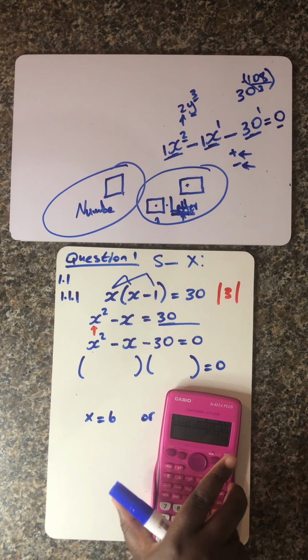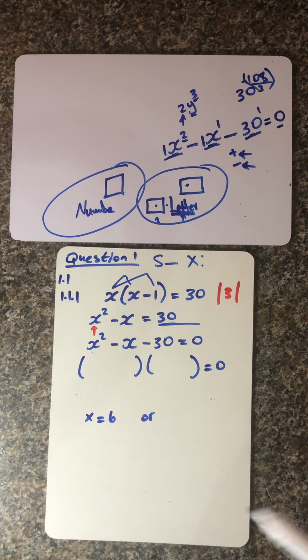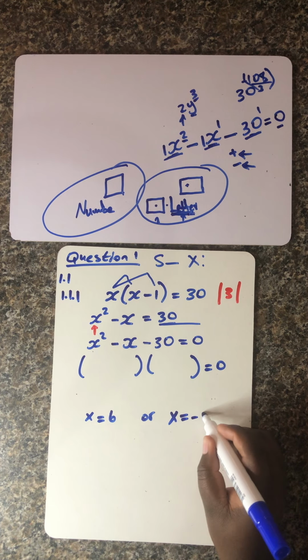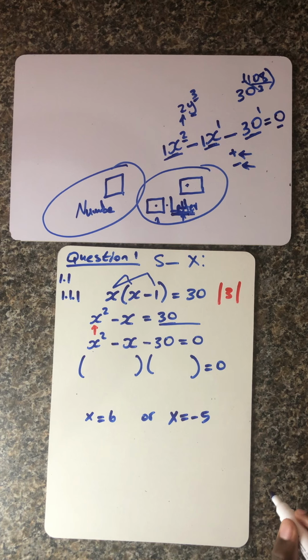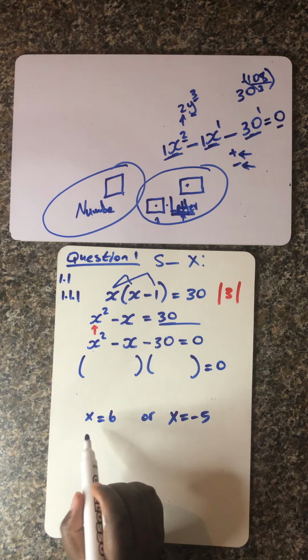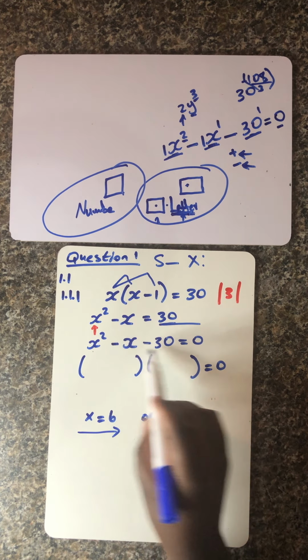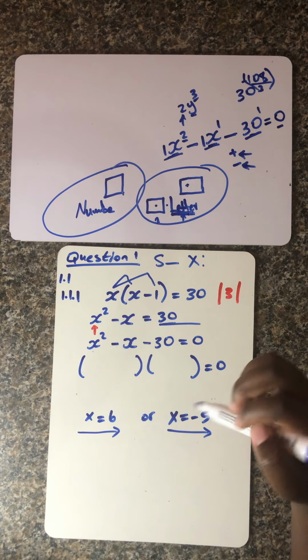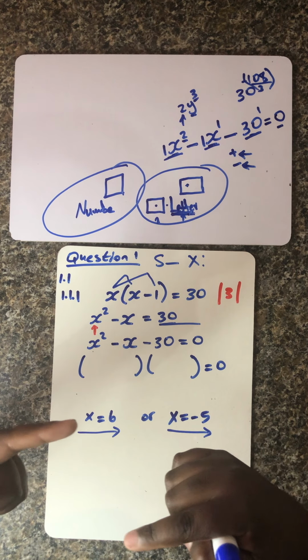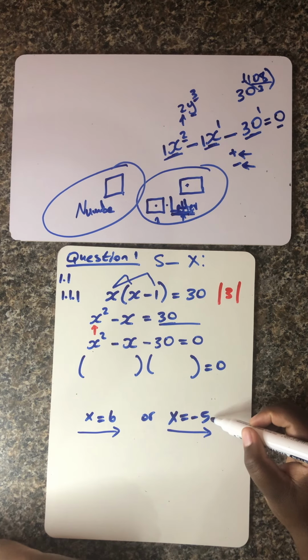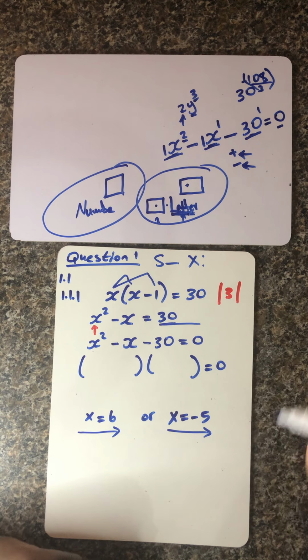Then I'm getting -5. So my second x value is x is equal to -5. That formula gives you the final answers of your quadratic equation. You need to be very wise, very clever, in order to use those final answers to get the factors.